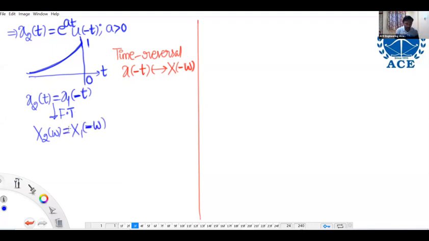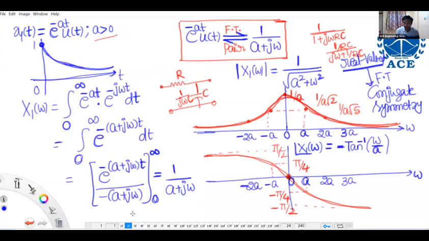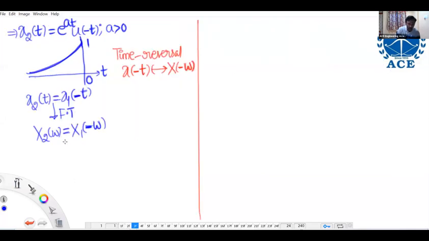In the previous answer, in the omega place what do we have to substitute? Minus omega. So what will be the new answer? 1 by a minus j omega. Without solving, directly by the reversal property.